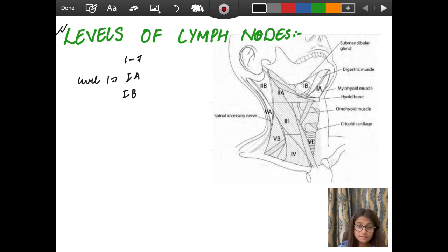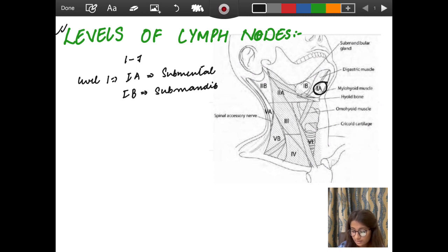1A is between the two anterior bellies of digastric. It is the submental group of lymph nodes, present between the anterior bellies of the digastric muscle. 1B is called the submandibular group of lymph nodes.